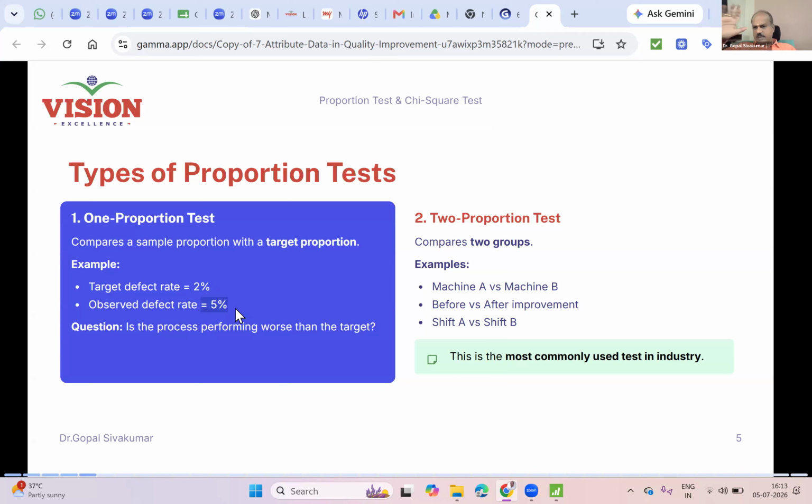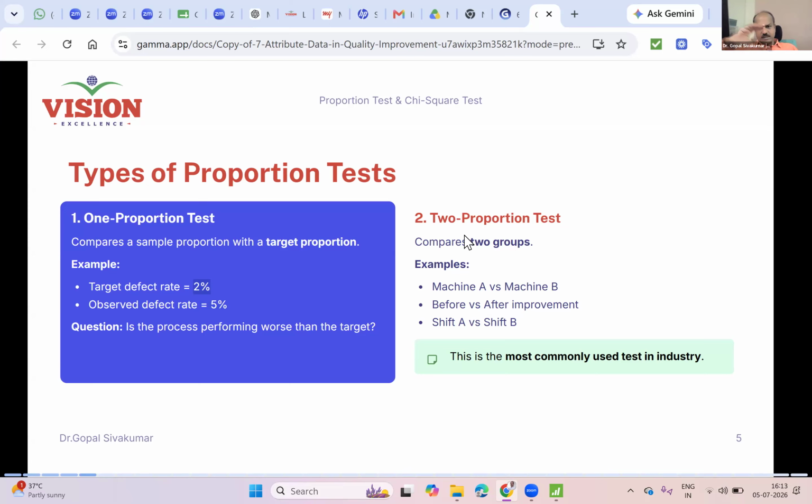Now I want to validate that the rejection rate has significantly increased, meaning the 5% is significantly higher than the normal 2%. Whenever you compare your proportion with a reference proportion, the test is known as one proportion test.